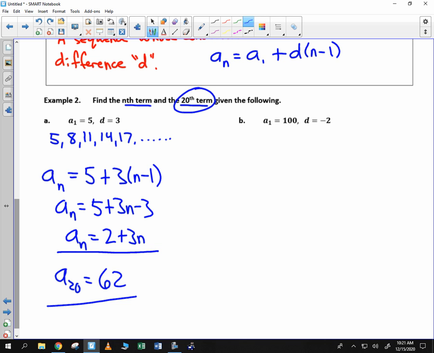In this example, you see your first term is 100, and the difference is -2, so therefore the next terms would be 98, 96, 94, 92, so on and so forth.